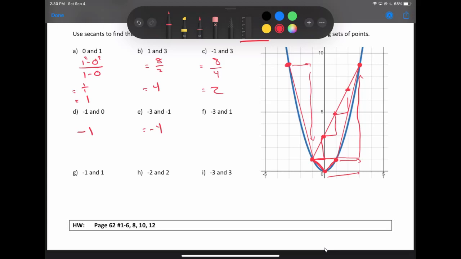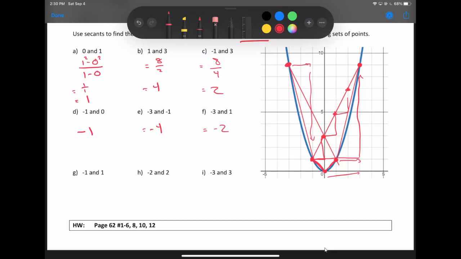And from negative 3 to positive 1, we have that line. And that goes down 8 over 4. By the way, you don't even have to draw the lines. I mean, you can just look at the values. But down 8 over 4 gives us negative 2.